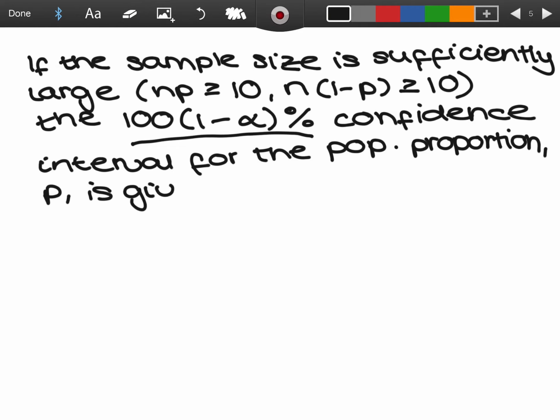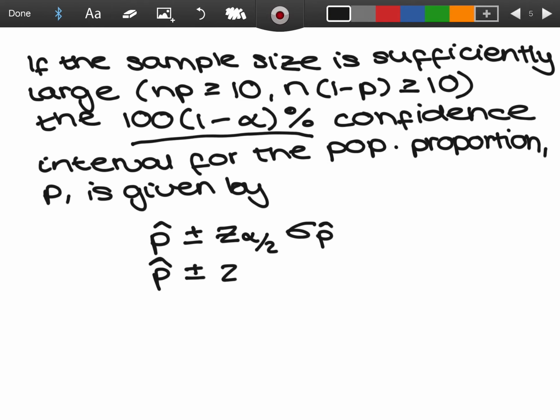P is given by P hat plus or minus some z value times the standard deviation of sample proportions. That can also be written as that z value and our standard deviation of sample proportions. Because we do not know our population proportion right now, we're trying to find an interval that it lies in.